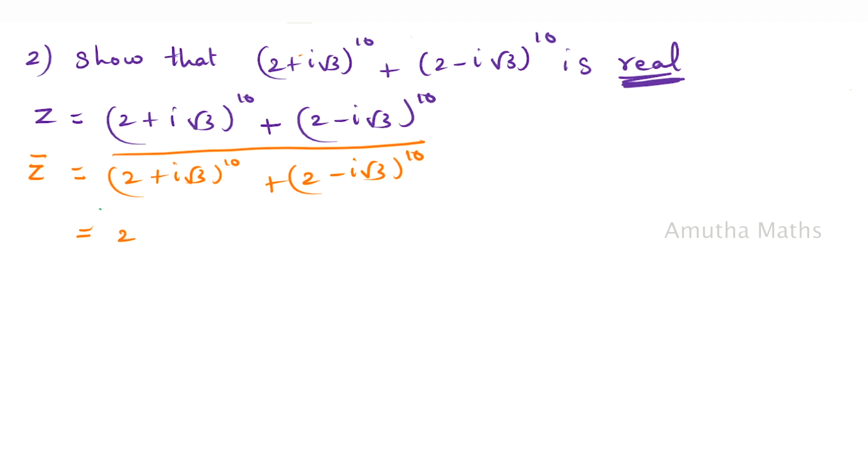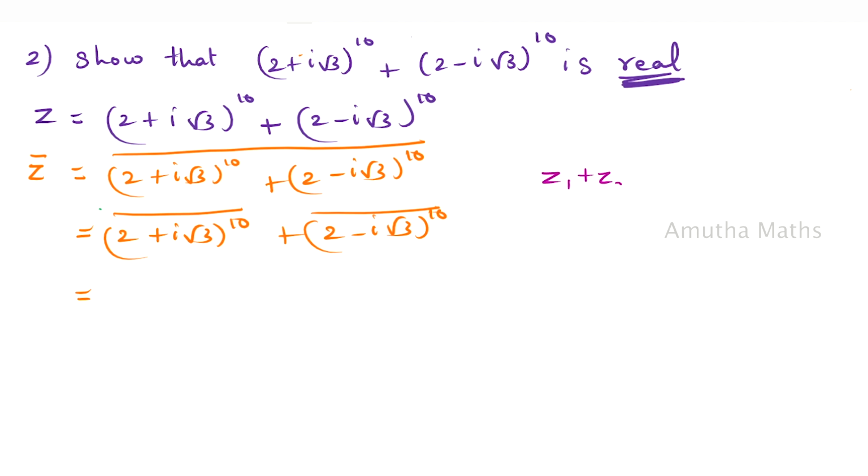So here, 2 plus I root 3 the whole power 10 the whole bar plus 2 minus I root 3 the whole power 10 the whole bar. We know that Z1 plus Z2 the whole bar is equal to Z1 bar plus Z2 bar. So using that identity I have split this.